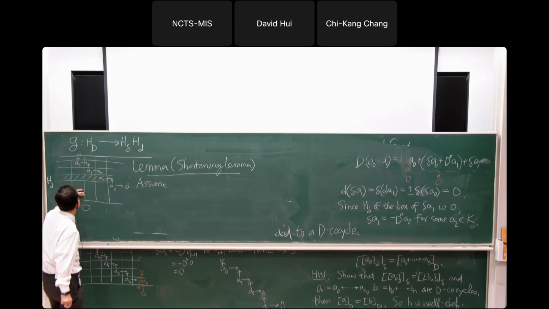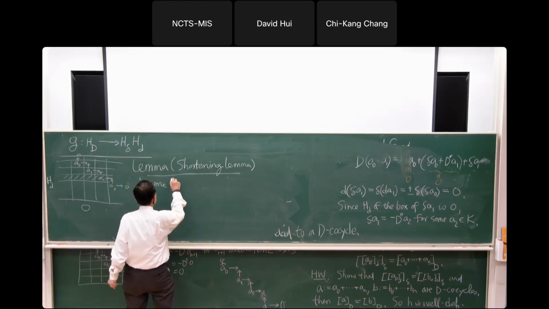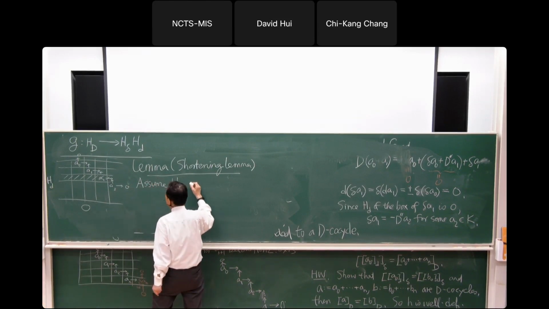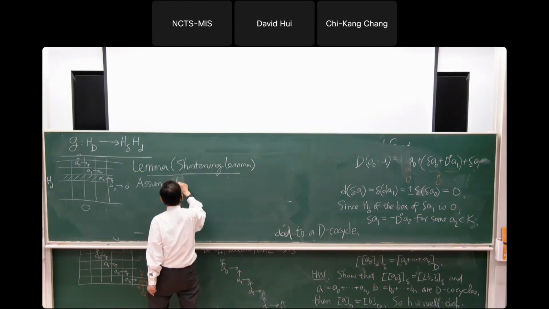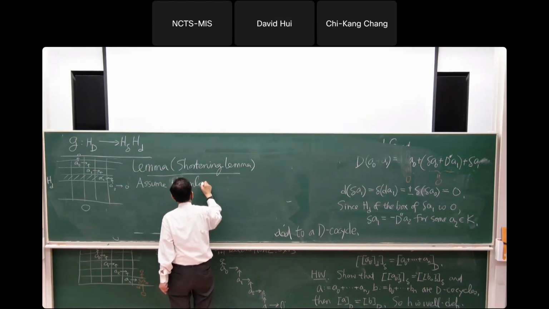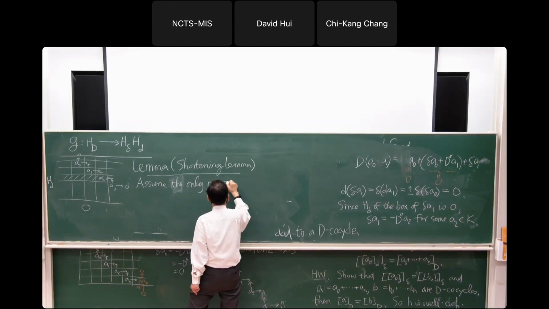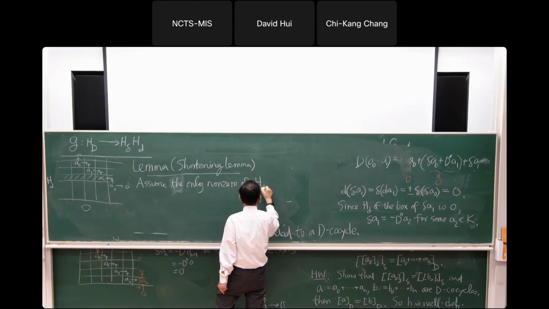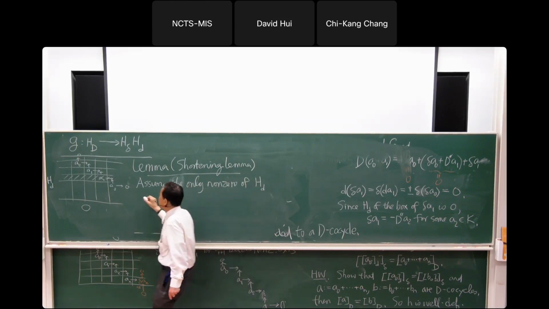I think all I need to assume is that H little d has only one non-zero row, so the only non-zero row of H little d is the nth row.